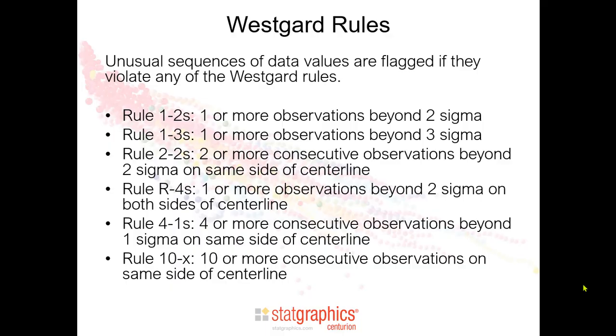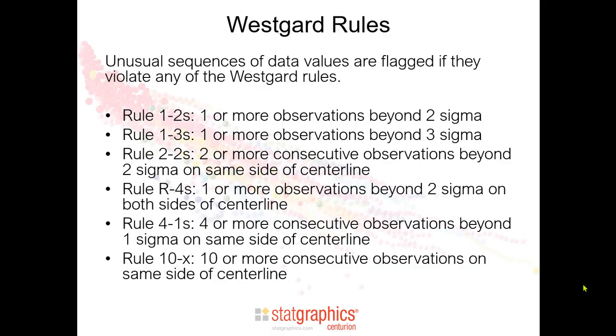Rule 2-2s is violated if there are 2 or more consecutive observations beyond 2 sigma on the same side of the center line. Rule R-4s is violated if there are 1 or more observations beyond 2 sigma on both sides of the center line.